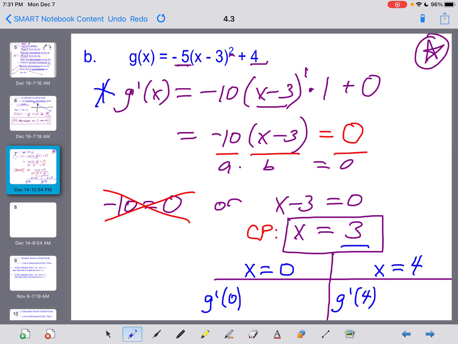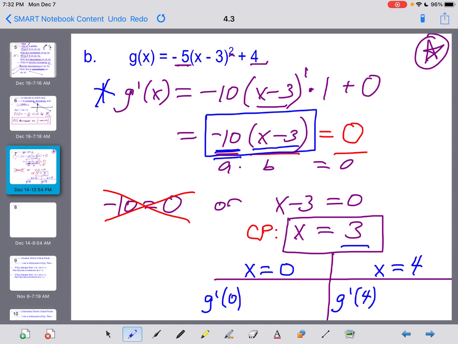Now, this is why I had said a while ago, guys, that the factored expression for g of x is really better than an expanded version like negative 10x plus 30, because all I care about right here is not really the value of g prime of 0, I just care about the sign. So when we put in a 0 for x, the negative 10 is obviously negative, and 0 minus 3 is going to be negative as well.